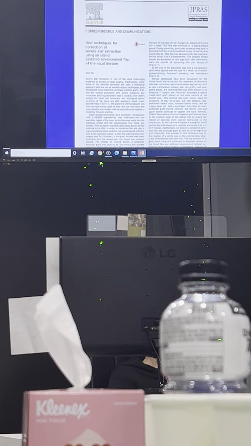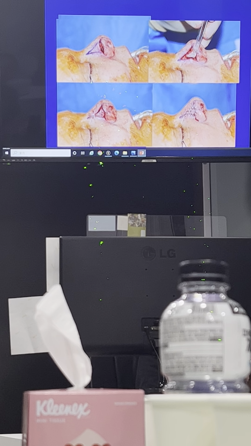I published this technique in the Journal of Plastic and Reconstructive Surgery. In the case of generalized alar retraction like this, not medial, at first I designed an island flap at the dorsum like this.